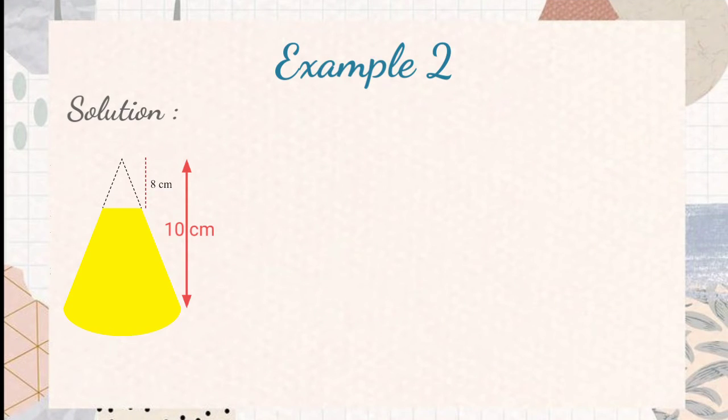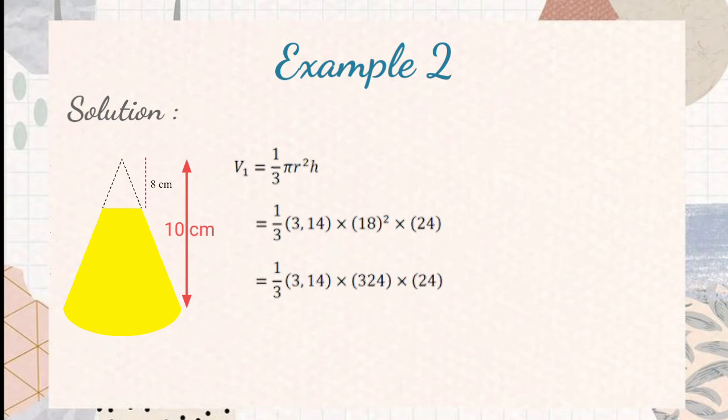After we find that the radius of the small cone is 6 centimeters, we calculate the volume of the large cone. Volume 1 equals 1/3 times pi times r squared times h. Insert r is 18 centimeters and h is 24 centimeters.